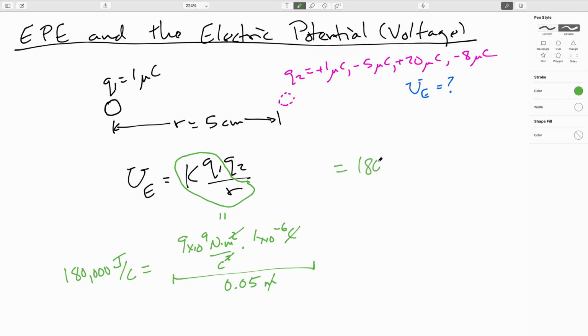So with that bit of pre-computation out of the way, you could then say, all right, for the first case, I can take 180,000 joules per coulomb and multiply that by 1 microcoulomb, which is 1 times 10 to the negative 6 coulombs, to get me 0.18 joules.